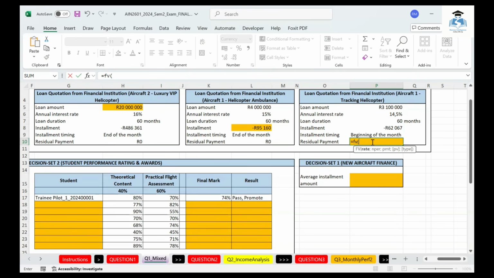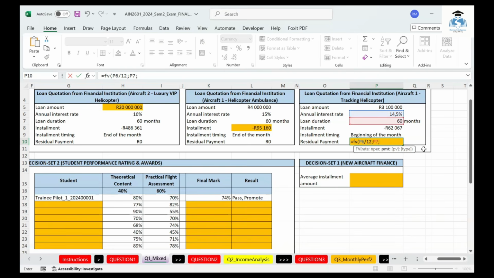So you see, guys, when you just type the formula, you are even given the clue on what's coming next. All right, let's continue. The rate is 14 divided by 12, and time is 60.